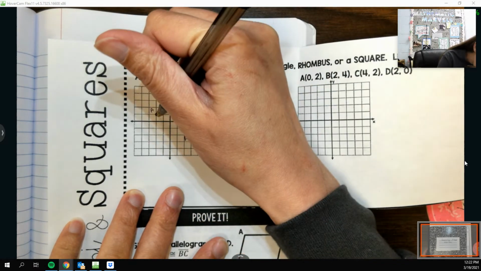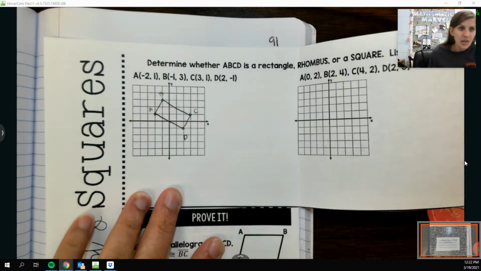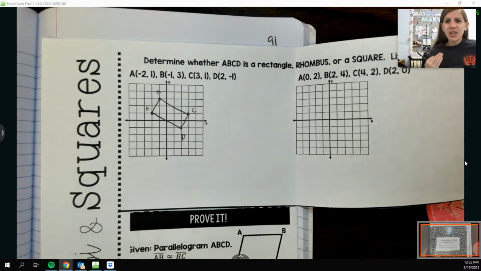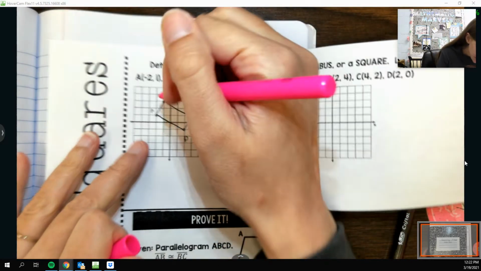Just based on looking at this, to me it looks like a rectangle, but I always just find slopes and lengths. However, as I'm thinking it through, maybe let's try a different one. Let's talk about the diagonals. That could be fun.